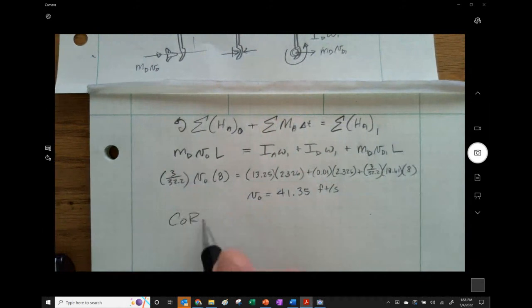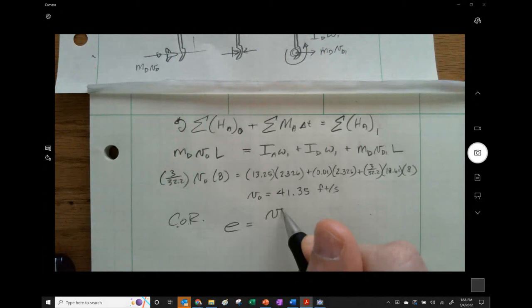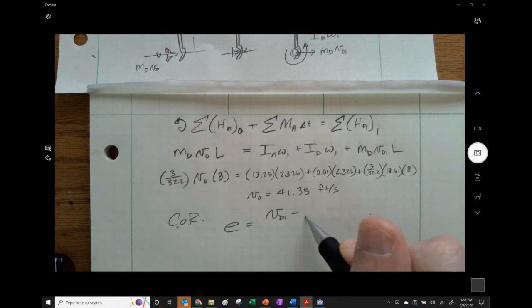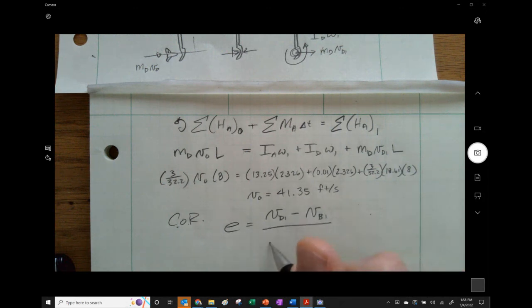So the coefficient of restitution right here would be VD1 minus VB1, because that's where it's located. That's where it's getting hit right there.